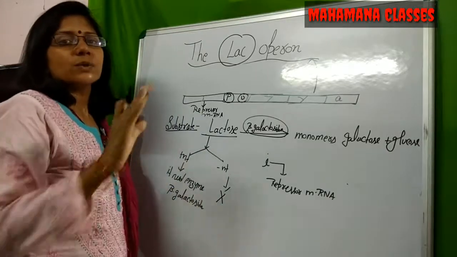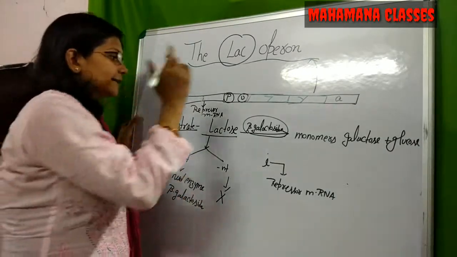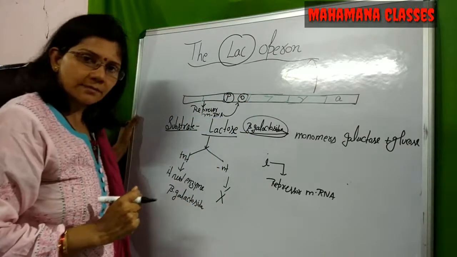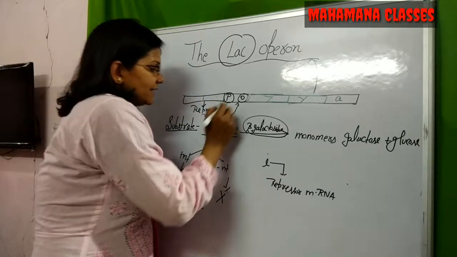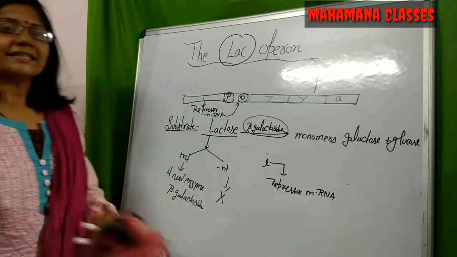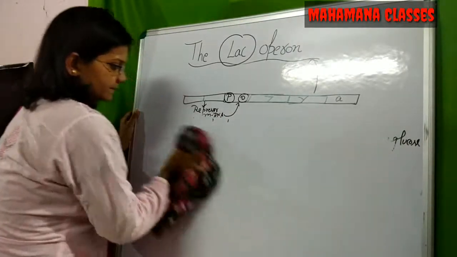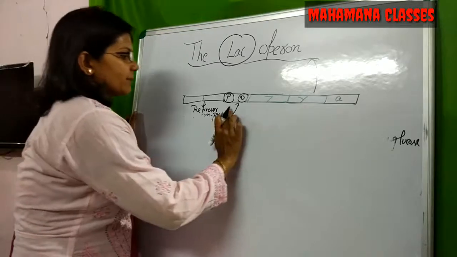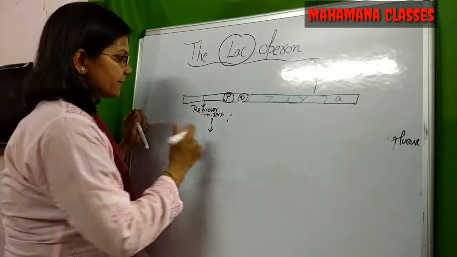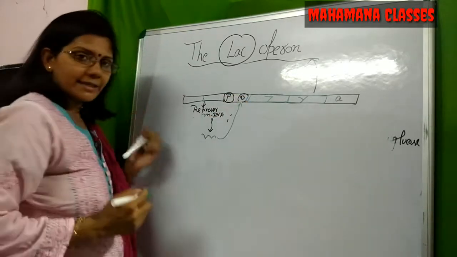If there is no lactose in the cell, then it will bind to the operator region. Okay, and when the repressor binds to the operator region, it will form repressor RNA and bind to the operator.